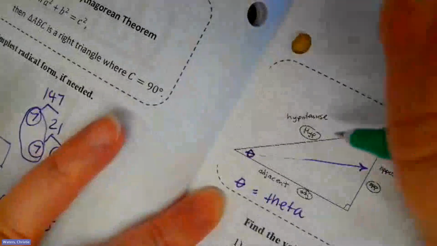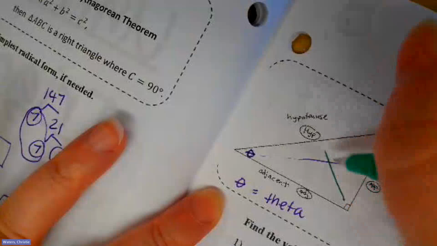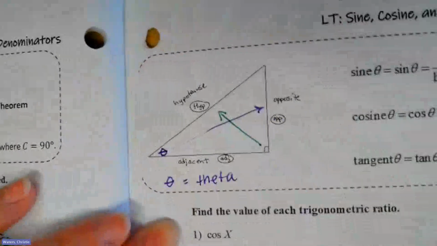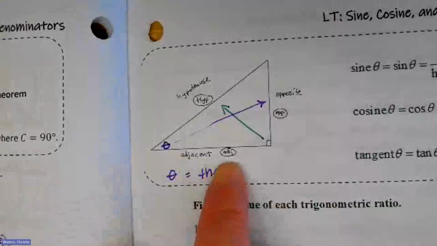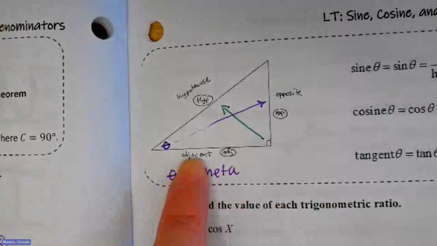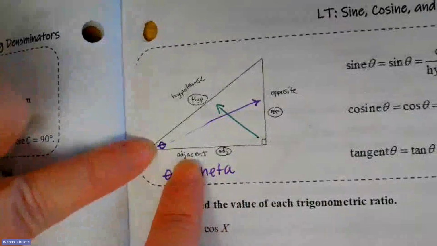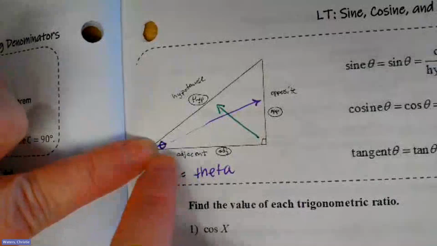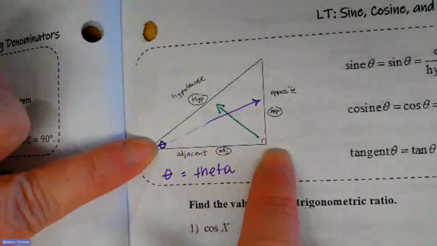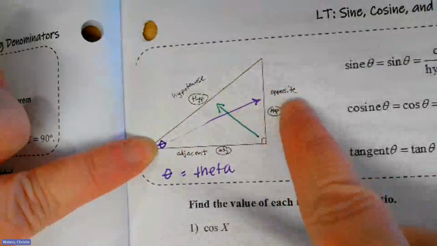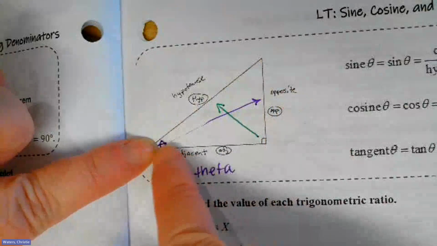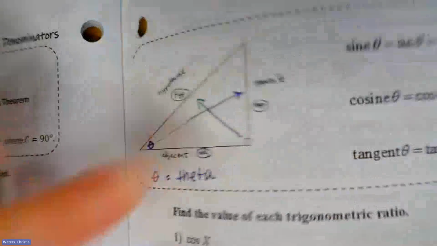The hypotenuse is always directly across from the right angle. And then the side we haven't labeled yet, that's going to be your adjacent side. If you look at your focus angle where your theta is, one leg of your angle is going to be your adjacent side. The other leg will always be the hypotenuse. The opposite side doesn't touch your angle. It's across from it, doesn't touch it.